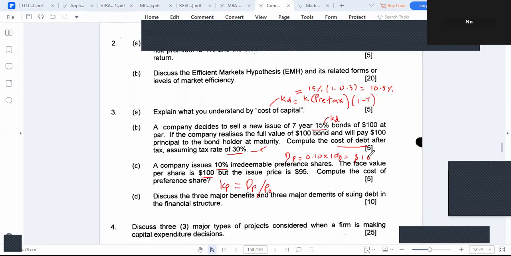So we subtract the 10 from the 95. We're going to have our P0 at 95 minus 10, which is 85. Now we calculate: this is equal to $10 over 85. So this will give us 11.76%.